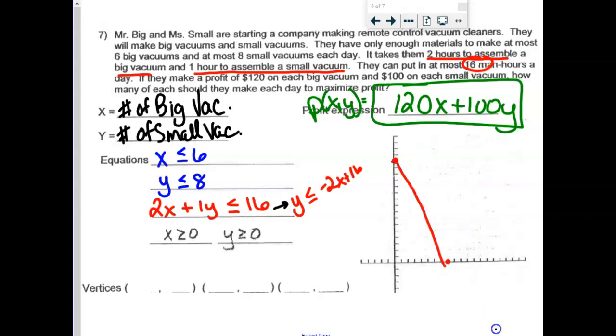I knew I was a lost cause when it came to graphing, so I didn't really bother to graph accurately. The other things they have restricted us by were that x has to be less than or equal to 6, and y has to be less than or equal to 8.